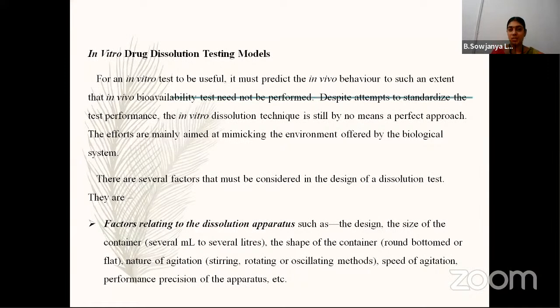Okay, so in vitro dissolution testing methods are affected by several factors in the designing of the dissolution test apparatus.